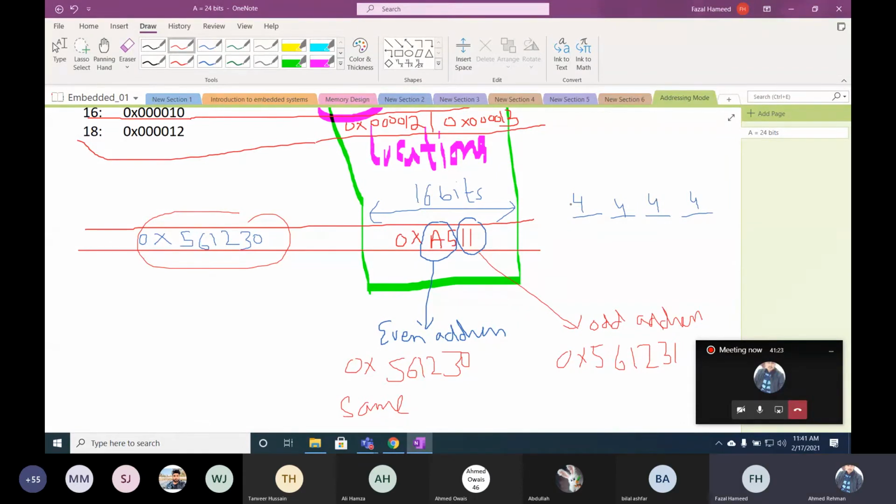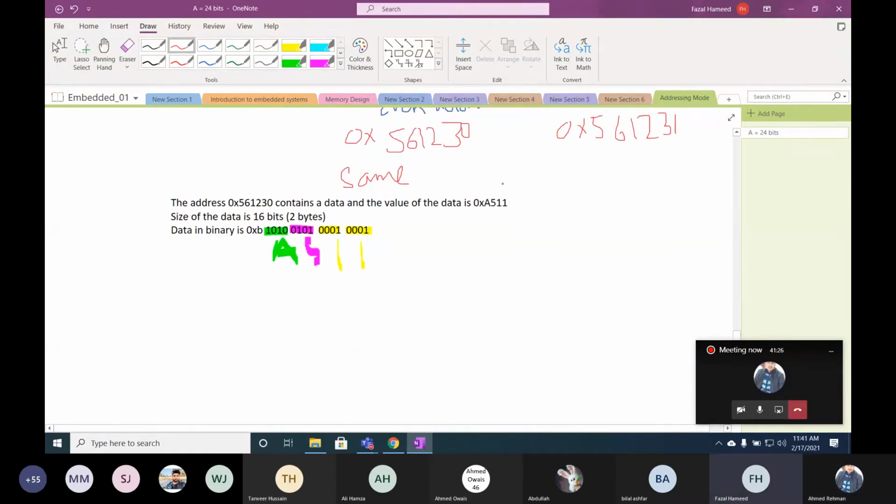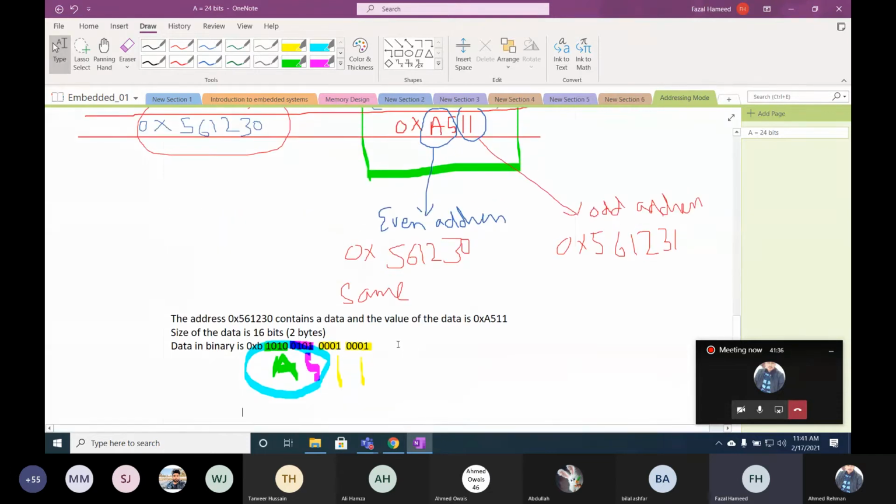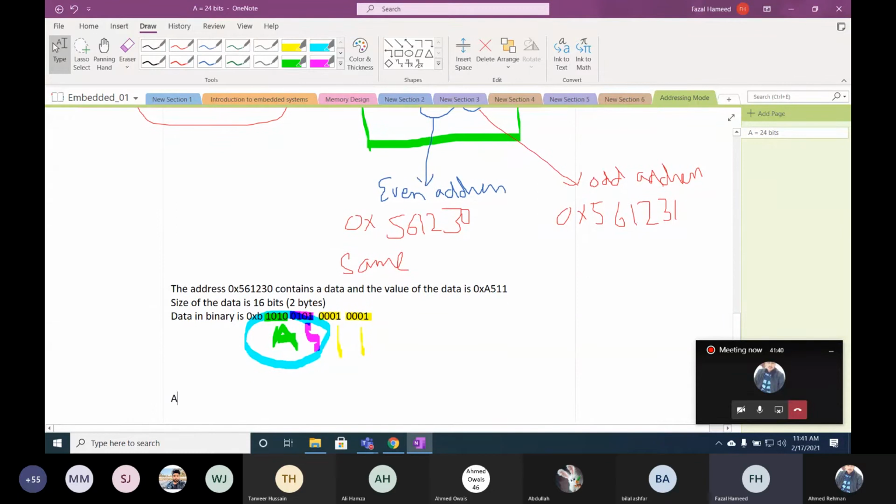Okay, so now the data in binary is A5. Now, if you have an A5, what is the address?